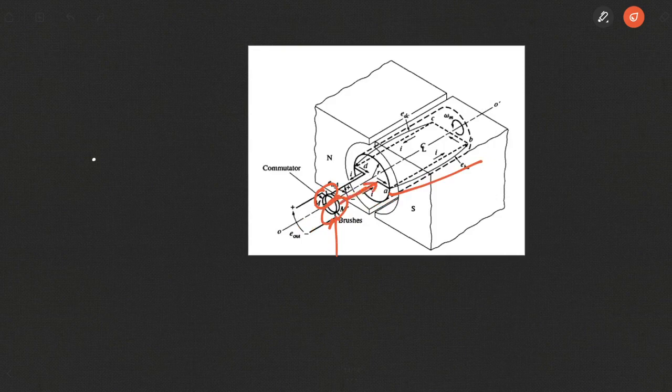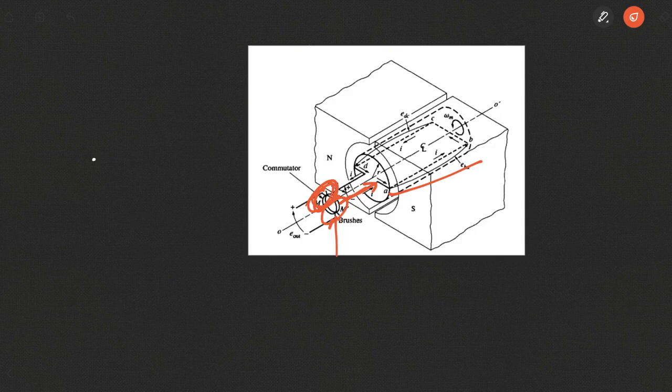So this current will either be flowing through AB or through the coil segment DC, but whatever segment is at that end, the brush will only collect positive voltage or negative voltage, and this brush is also fixed at this end. Fine. So whether you have the coil segment DC at this end or the coil segment AB at this end, it will be carrying the same voltage under the influence of north pole.